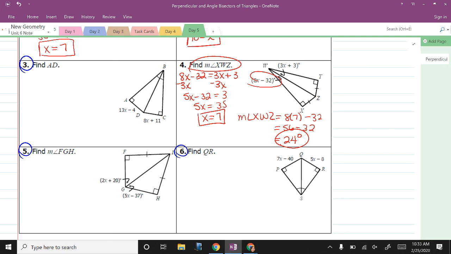There's a whole blue book under your desk. Lots of these questions. Look at the best that work in that class. Let me know if you get stuck. So these you actually have to go back and find a missing segment or an angle.